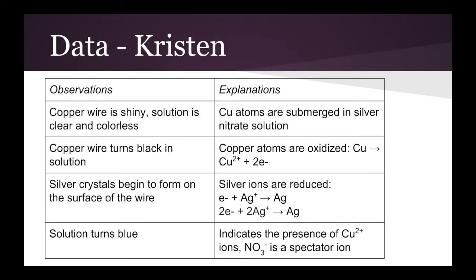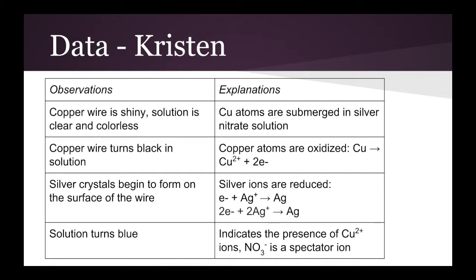The first observation is that the copper wire is shiny and the solution is clear and colorless. The explanation for this is the copper atoms are submerged in silver nitrate solution. Another observation is copper wire turns black in solution, and the explanation is that the copper atoms are being oxidized.